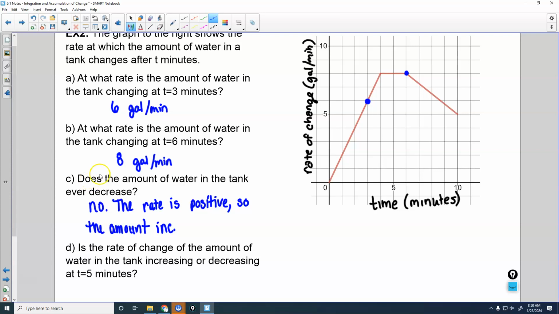So we just said the amount of water in the tank always increases, right? Is this asking us about the amount of water in the tank? What is it asking us about? The rate of change of the amount of water in the tank. Okay? At 5, which is right here, we would say neither, right?